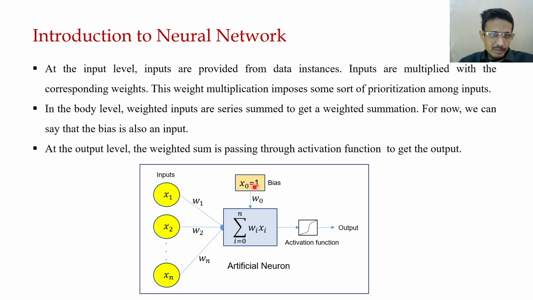Bias is a similar kind of thing, and we'll see later what the actual role of bias is. At the body level, these weighted inputs are added, and when we get the sum, we feed it into the activation function to get the output. So this is the very simple structure and functionality of an artificial neuron.